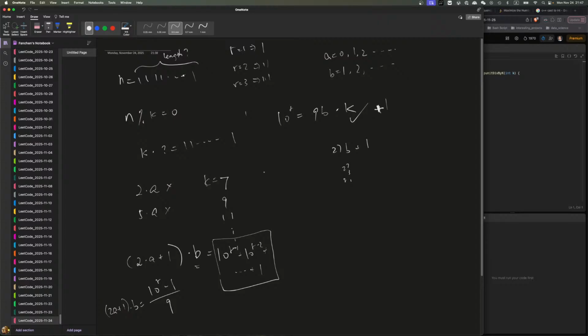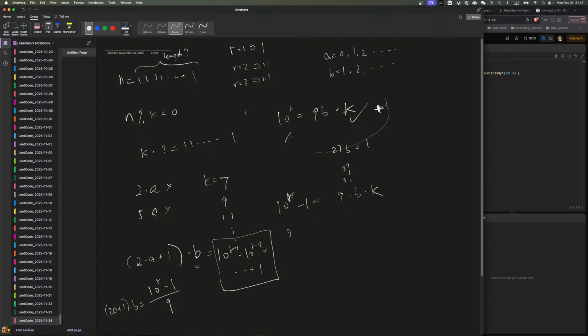I mean, if we do it this way, so K we know, and we actually move this one here. So this 10^K minus 10^R minus 1, so 9 times B times K, right?